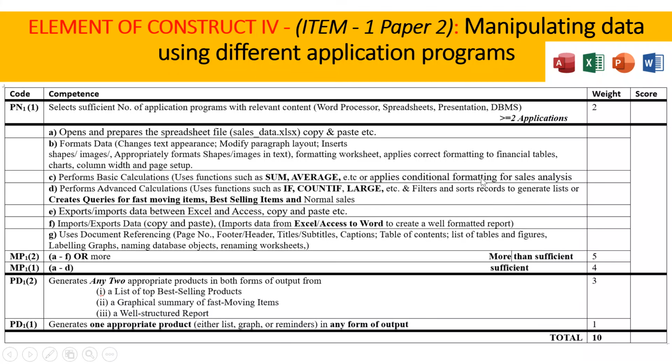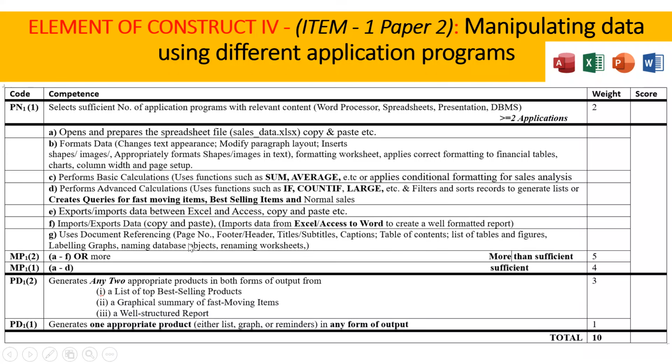We have also applied conditional formatting. We have performed advanced calculations, if, count if. We have also done queries and filtering of best selling items, the fast moving items, etc. We have done importing. We have done copy and pasting so that we create a general well-formatted report.